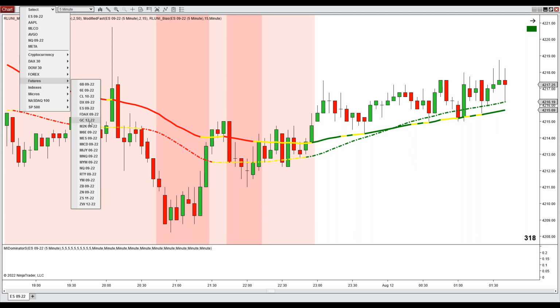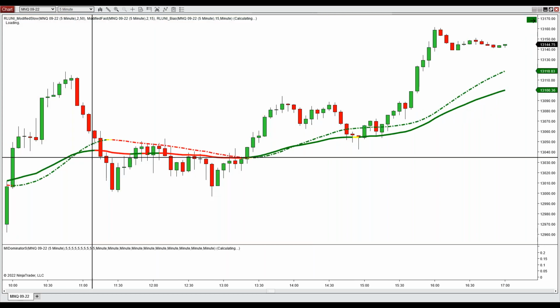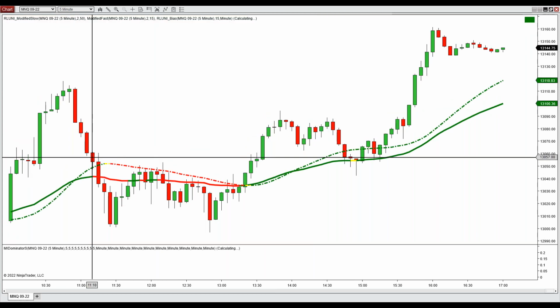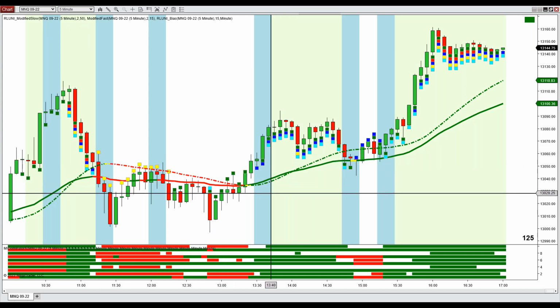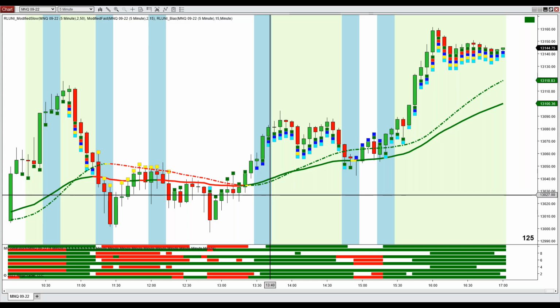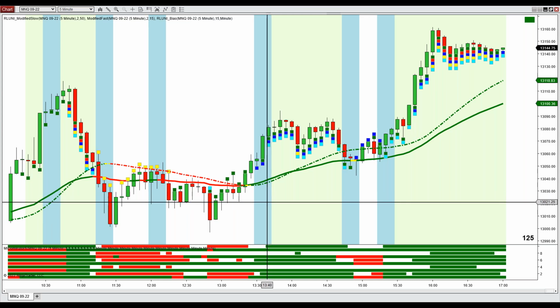And let me go to the micro NASDAQ because it's got the most volatility, because it doesn't really make any difference. Remember, when you have the scanner, you're going to have the ability to trade every single index equity. You're going to have the NASDAQ up, the Russell up, the Dow up, and the E-mini up.